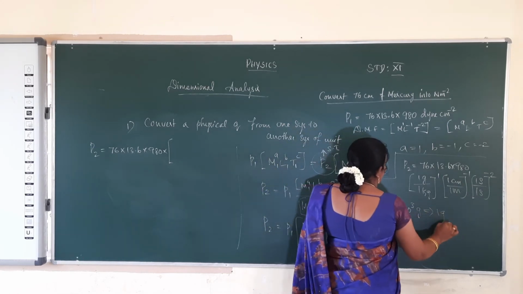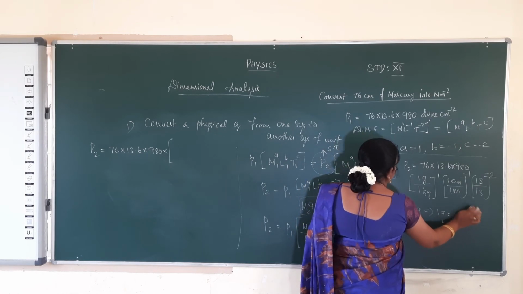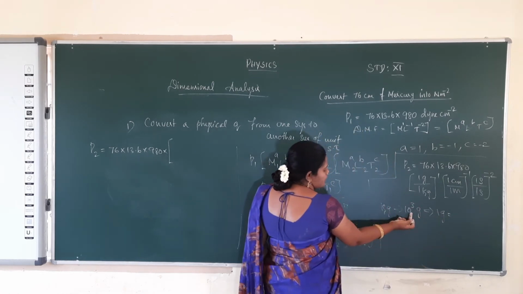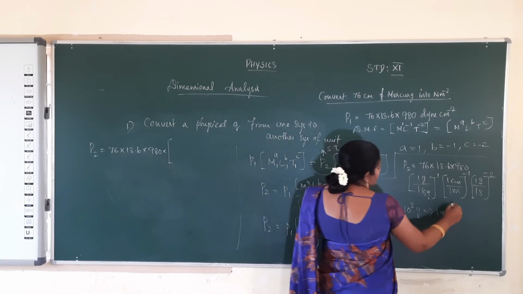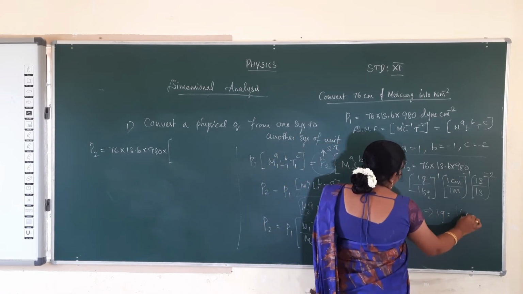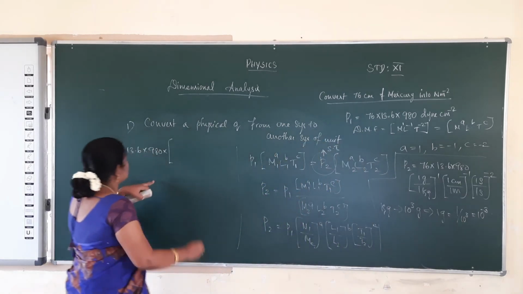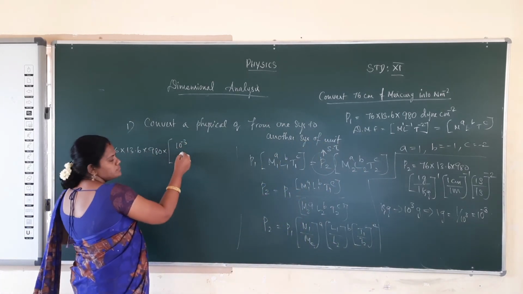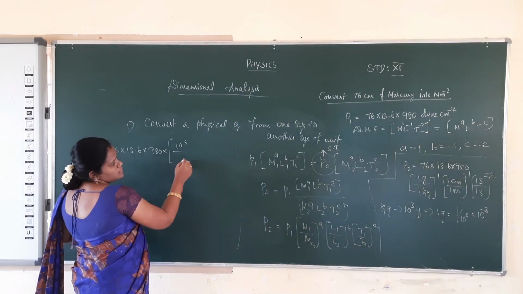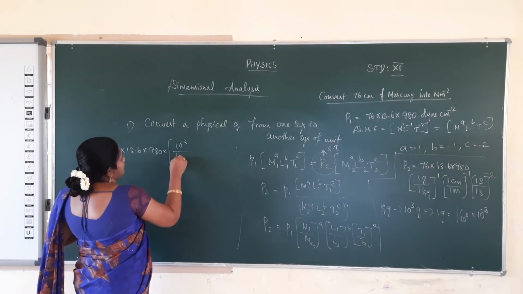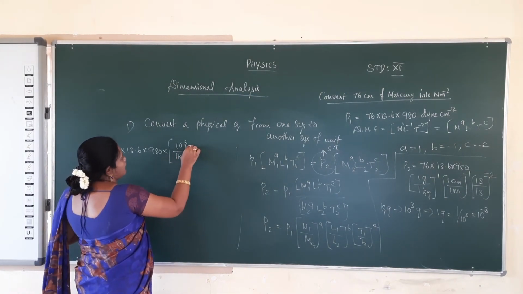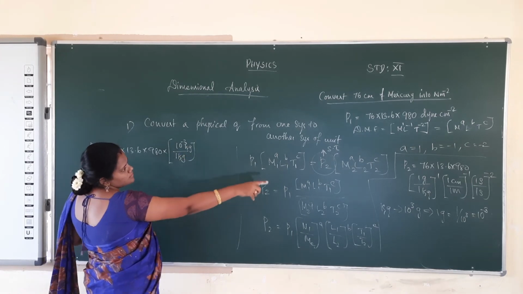1 gram is equal to 10 power -3 kilogram, because if we want 1 gram, the 10 power 3 comes in the denominator, that is 1 by 10 power 3. That is called 10 power -3. So we substitute 10 power -3 kilogram by 1 kilogram, power is 1.